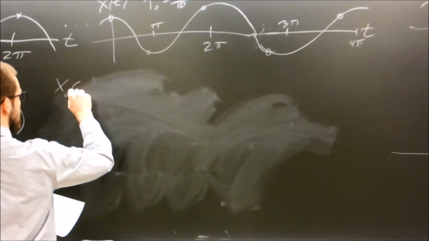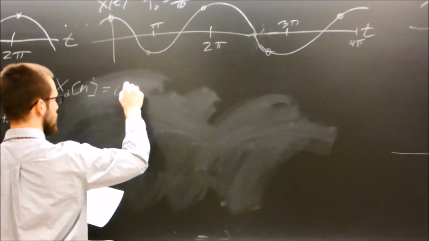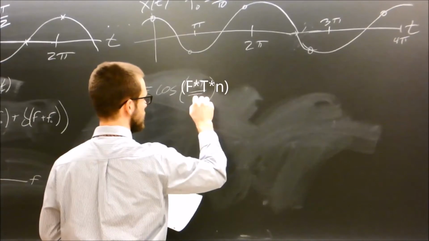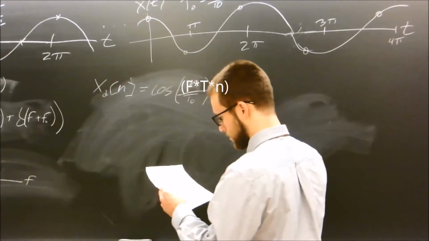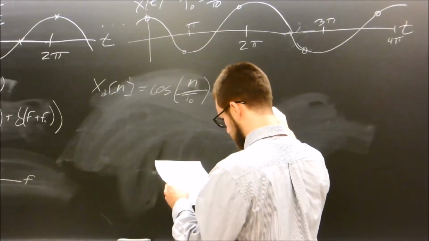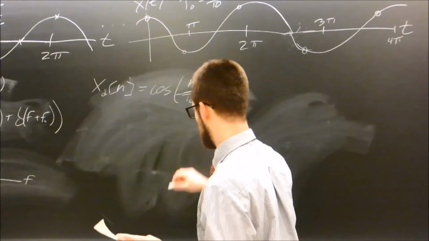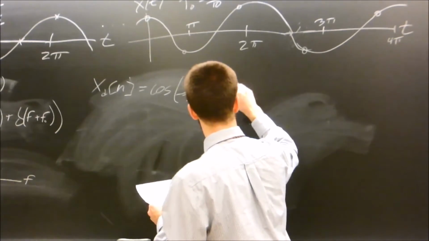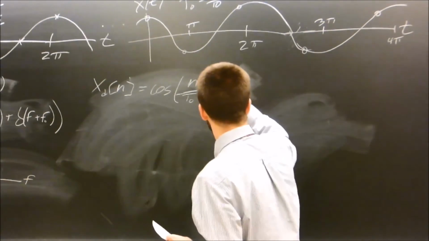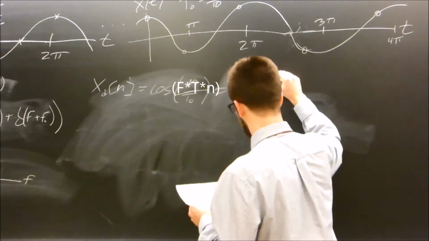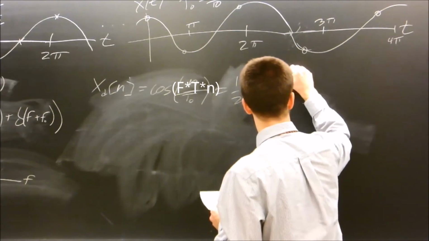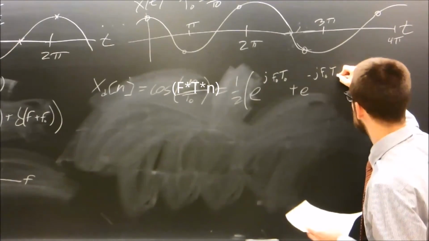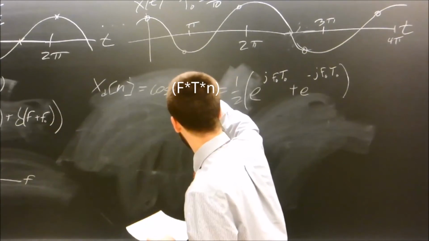So if x_d of n equals cosine of n over t naught, this is equal to 1/2 times quantity e to the j f naught t naught plus e to the minus j f naught t naught. This is if we've got f naught in there.